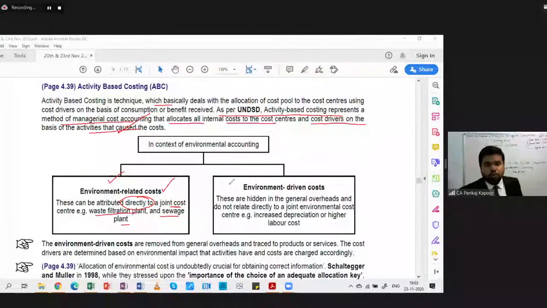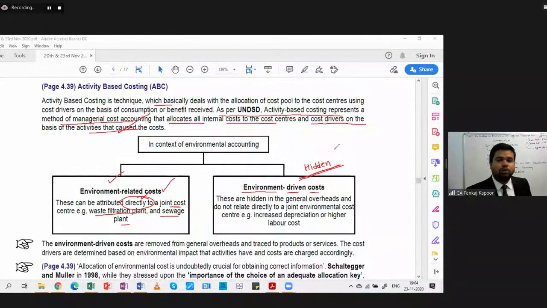Okay, moving further, friends. We were talking about how some of the environment related costs are direct in nature, whose allocation is not required, whereas some of the environmental costs are driven costs. Driven costs are nothing but the hidden costs, which we already discussed in the beginning of the lecture. These are hidden somewhere.